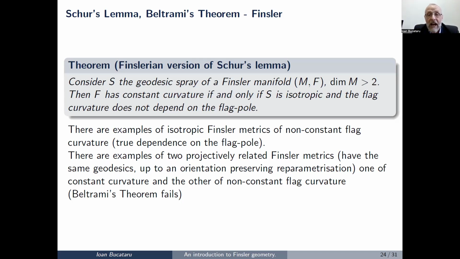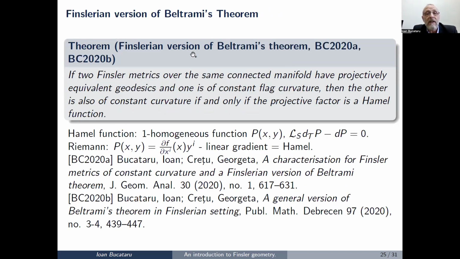What is important is that even if you take a Riemannian metric of constant curvature, in the Riemannian context this deformation of the geometry by reparametrization can be seen in the vertical part of the geodesic spray in terms of some projective deformation, that is some function.